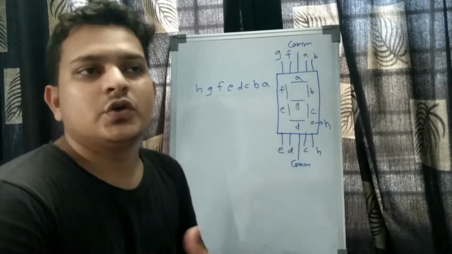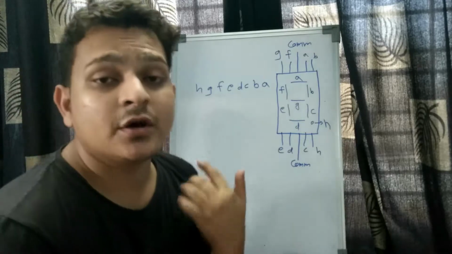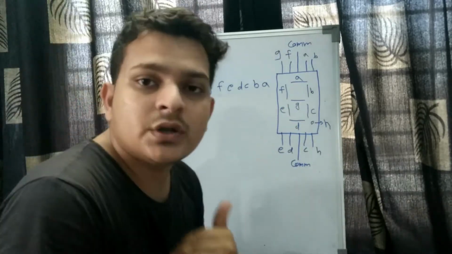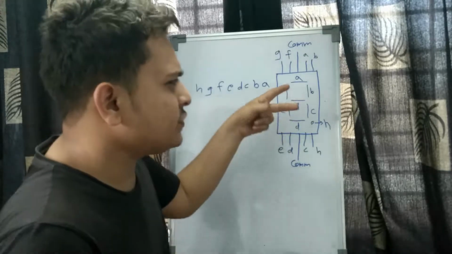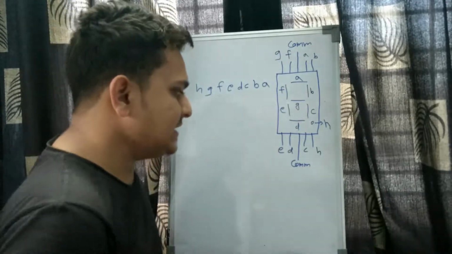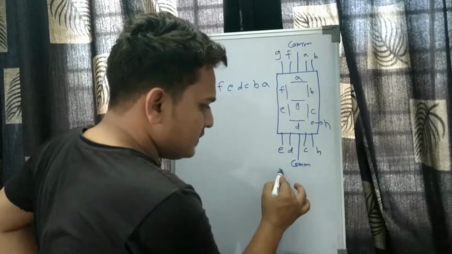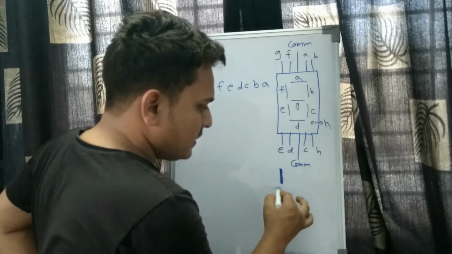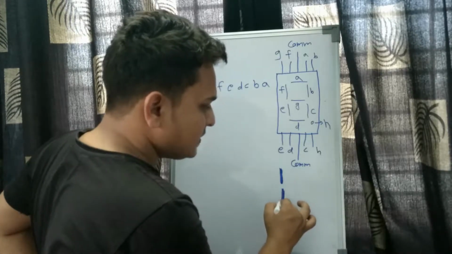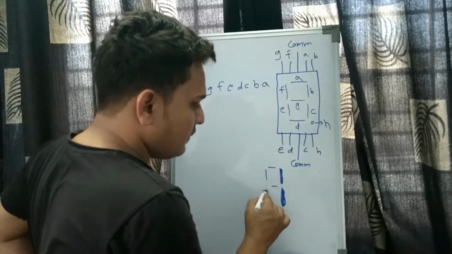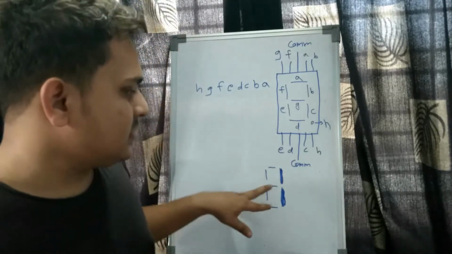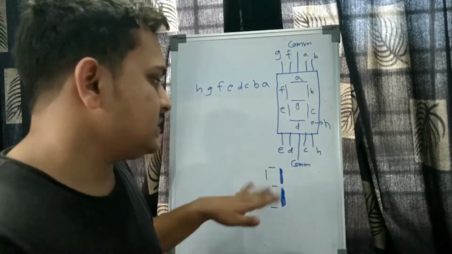Now suppose you want to glow a number 1 in this 7 segment. How are you going to make the number 1? If you want to make a number 1, then you have to glow these 2 LEDs. Now this is your LED and this is your LED. These 2 LEDs are glowing and the rest of the LEDs are off. So you can see the number 1 pattern in these 7 segments.